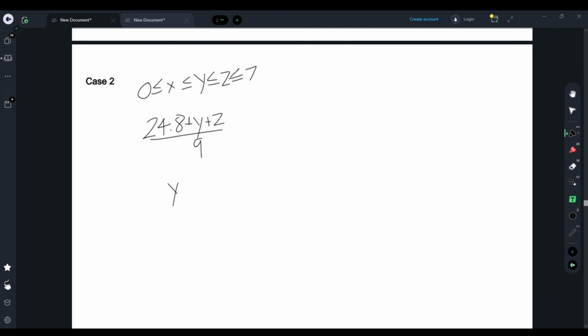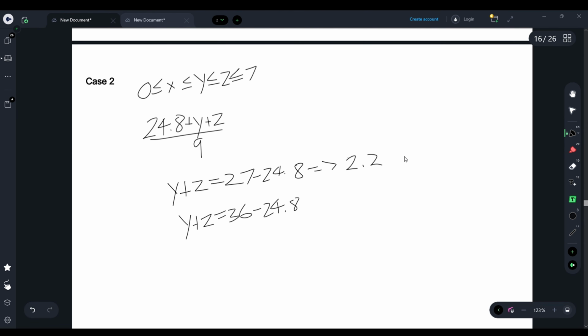So y plus z can be equal to 27 minus 24.8, or y plus z can be equal to 36 minus 24.8. And this first one is way too small to be even part of the median, because neither y or z can be the median.